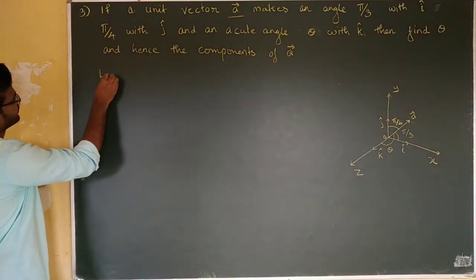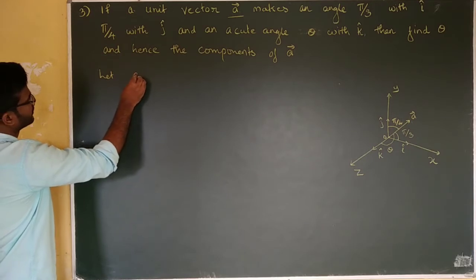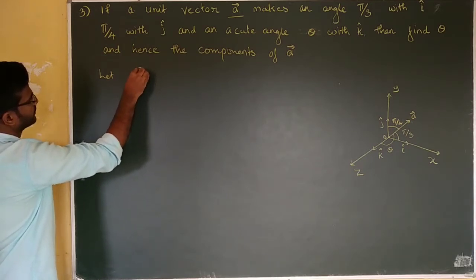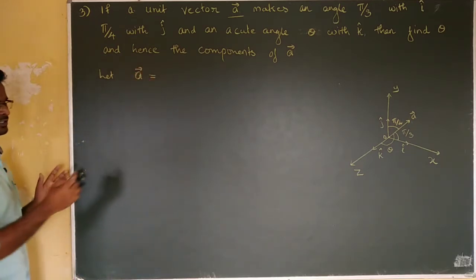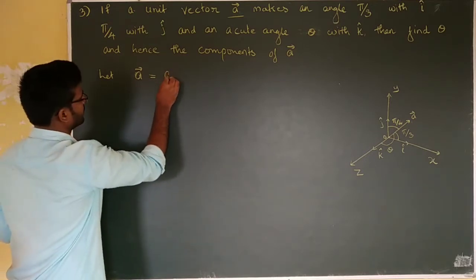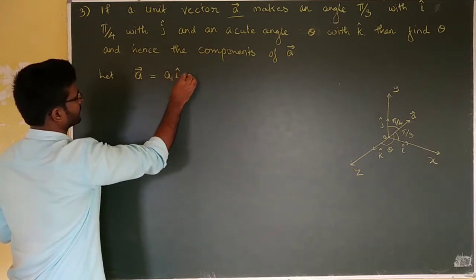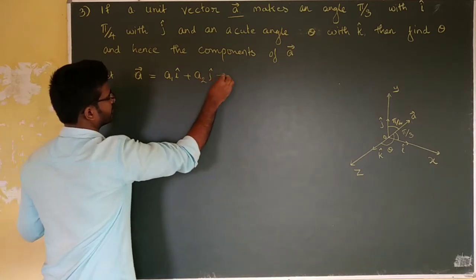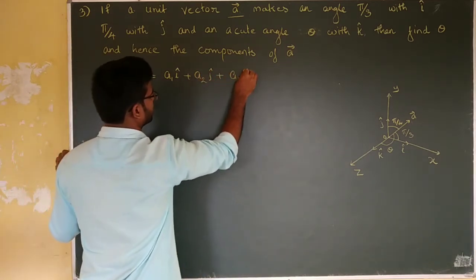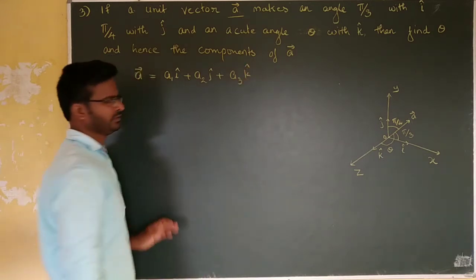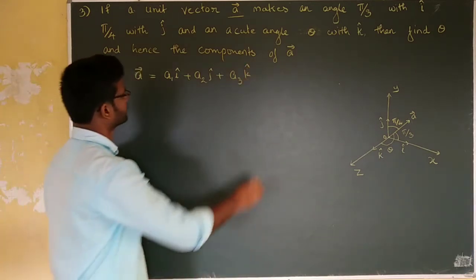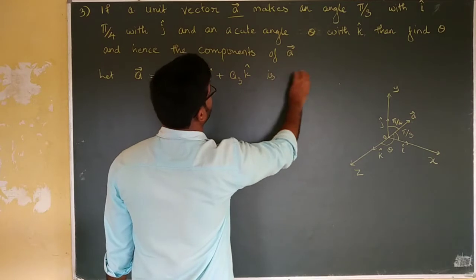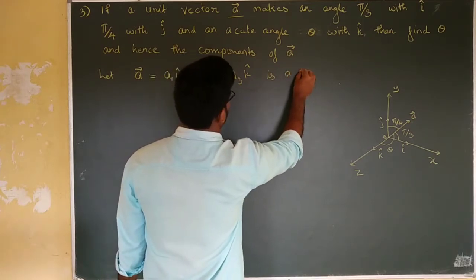Let A vector equal to, I am going to consider one A vector, that is a1 i plus a2 j plus a3 k. This is our given A vector, which is a unit vector.